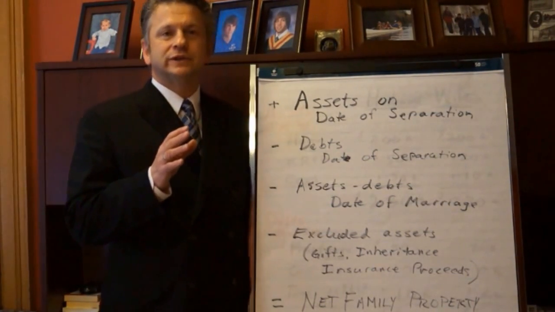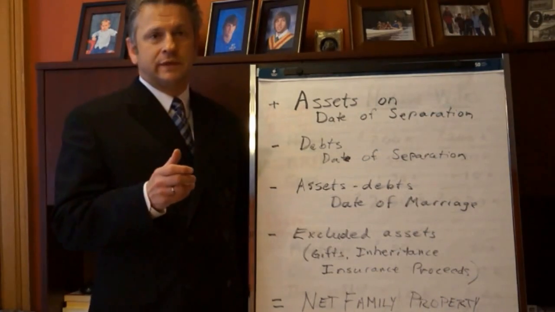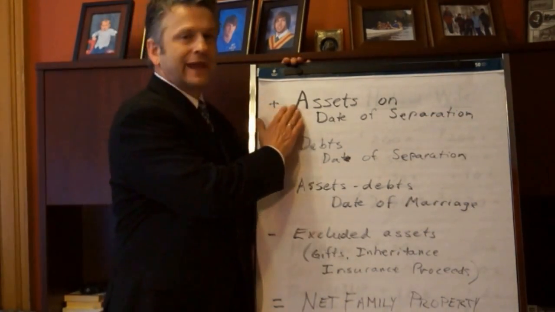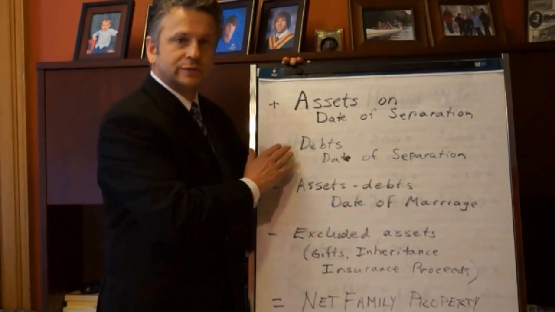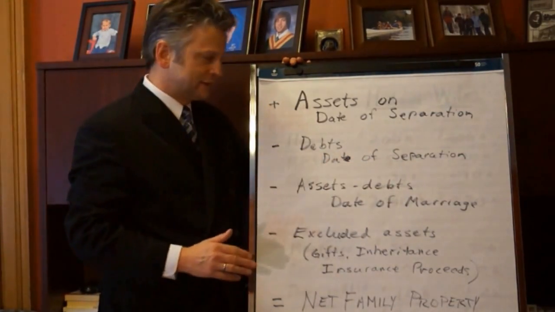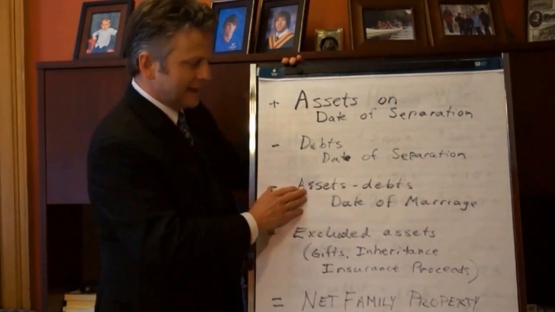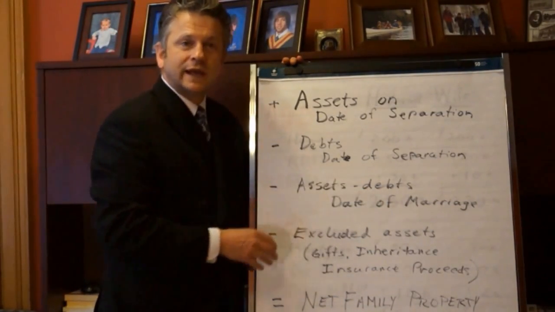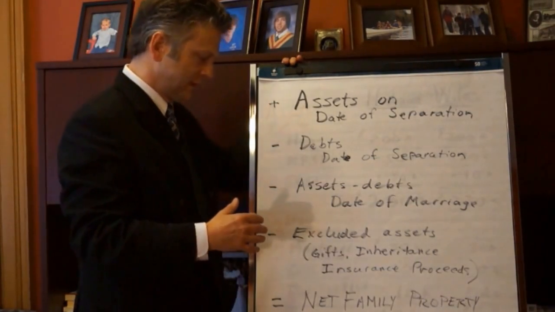The calculation of an equalization payment is based on a formula. Basically, the assets are calculated for both parties on the date of separation. You subtract from that the debts on the date of separation in each person's name, and then you subtract any assets or debts that each person had on the date of marriage, because you're sharing the increase in wealth during the course of the marriage.